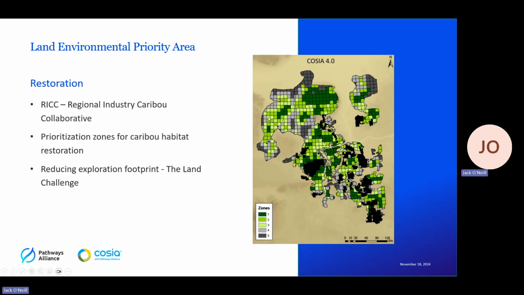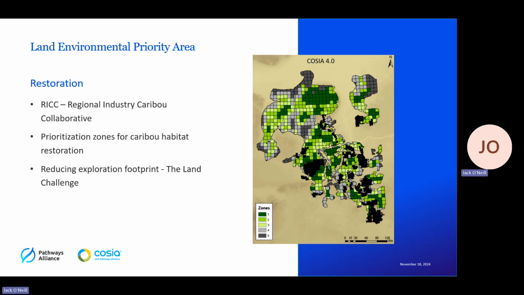One of the projects we did as an EPA-led study out of the land EPA was prioritization zones for caribou habitat restoration. So here's a map. There's those little boxes again, 10 kilometers by 10 kilometers. But what this study did was identify the best places to conduct linear restoration.